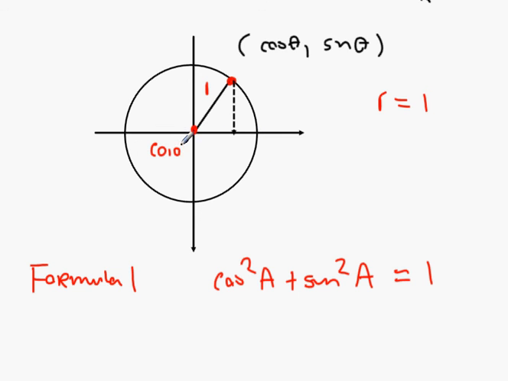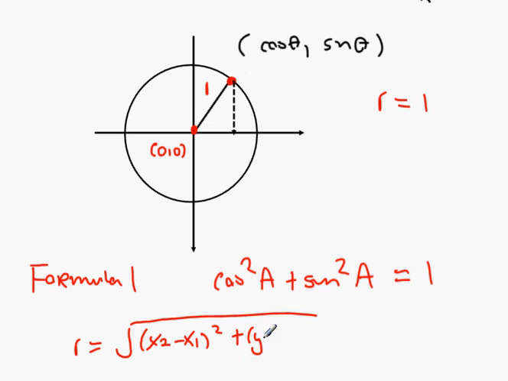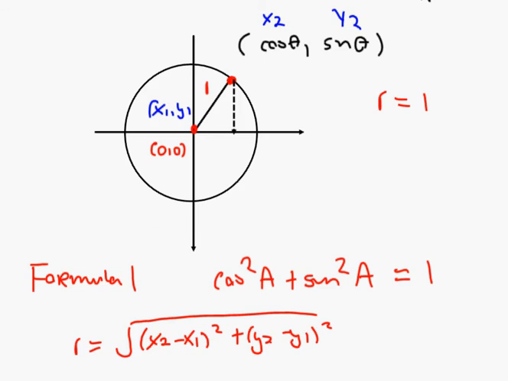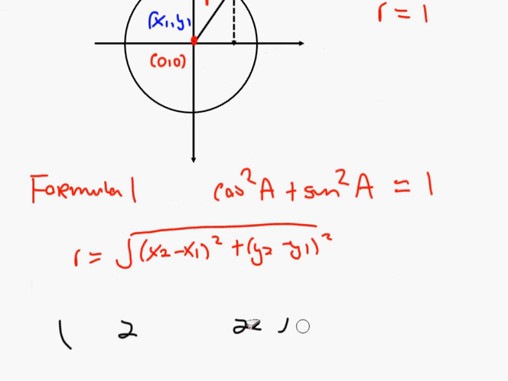So the middle is 0, 0. The radius is equal to the distance formula, the square root of x2 minus x1 squared plus y2 minus y1 squared. That's going to be x2, y2, and x1, y1 is going to be 0, 0. And your radius is what in this question?